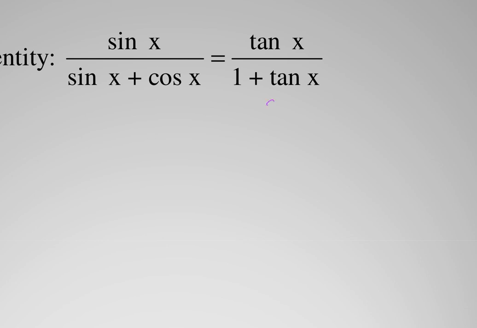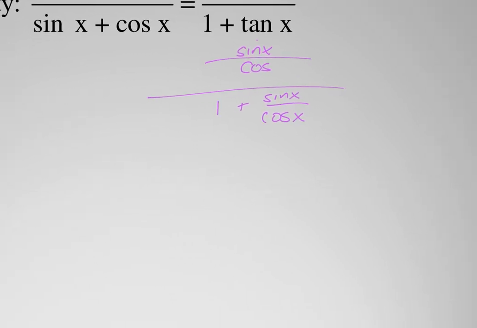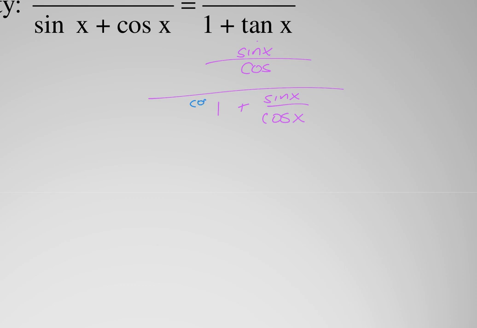So I can make this sine of x over cosine of x over 1 plus sine of x over cosine of x. Then in the bottom, like denominators, would be cosine, right? So I make this cosine of x over cosine of x. Sine of x over cosine of x over cosine of x plus sine of x over cosine of x.